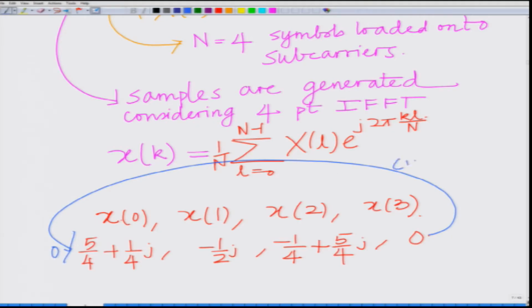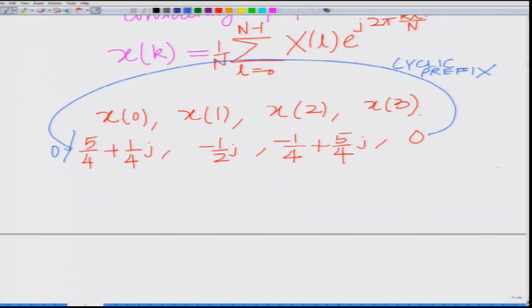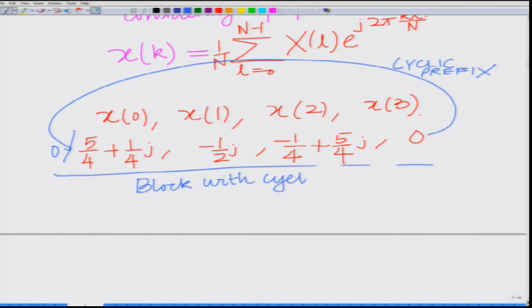This is termed the cyclic prefix. So this is the block of 5 samples with cyclic prefix.